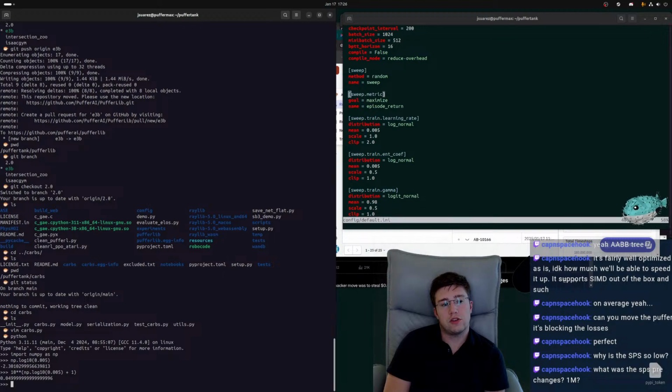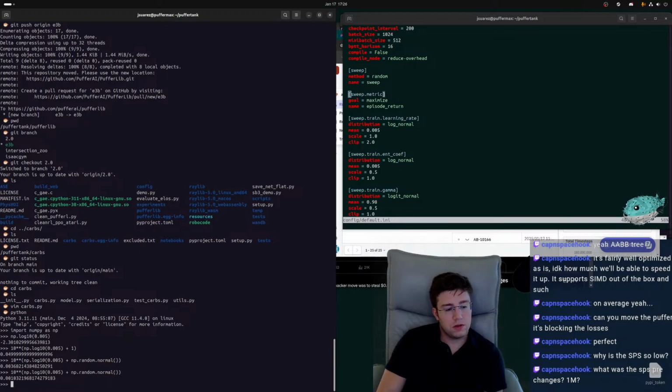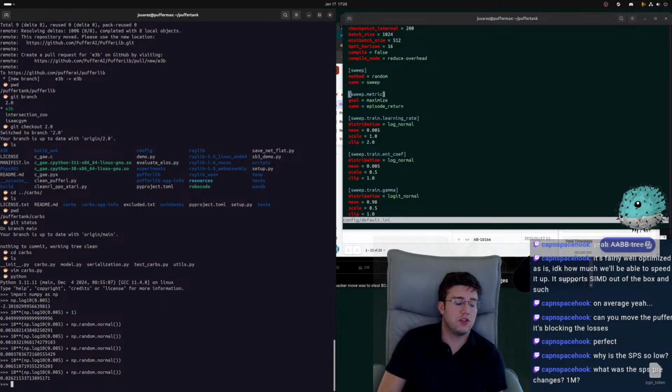So if you take the log, and then let's say you grab some standard noise, you can see that this gives you some good samples, because the standard deviation of 1 in log space is 1 order of magnitude.